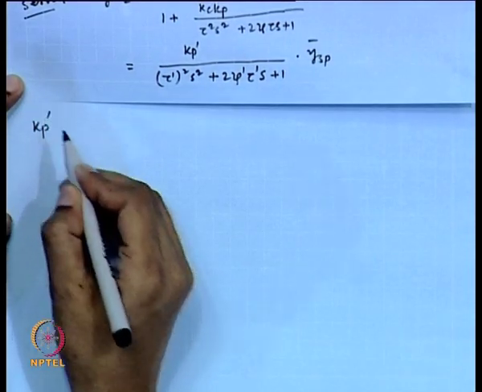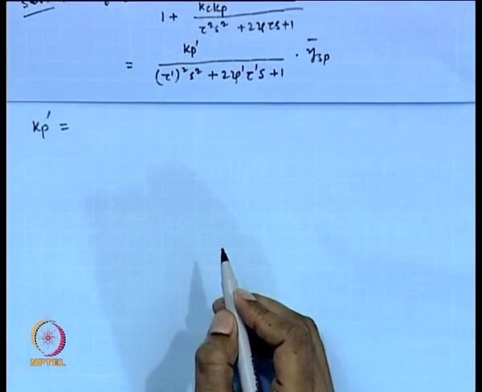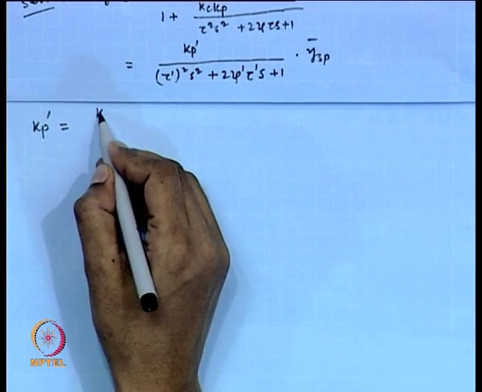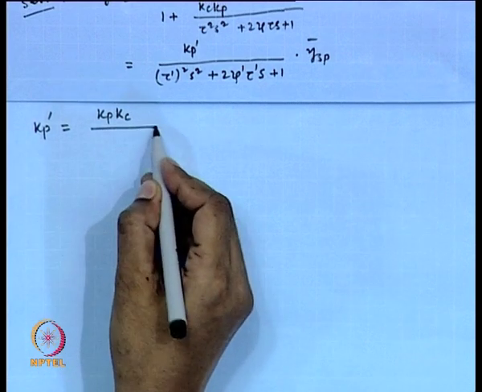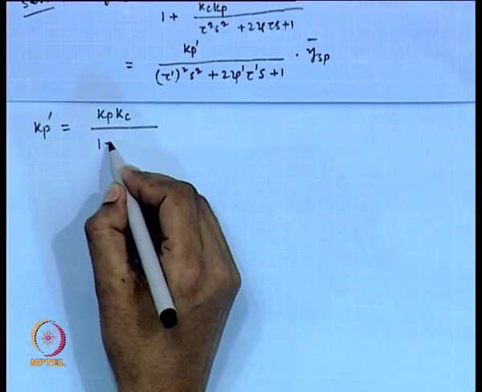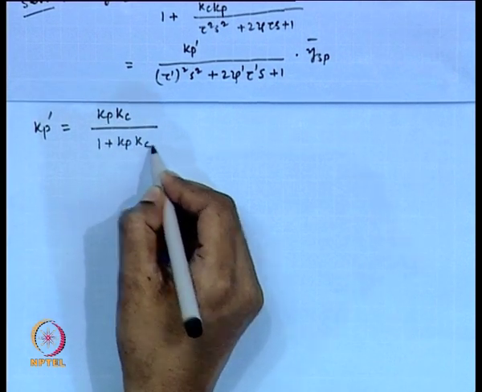Now, Kp prime has the form of Kp prime equals Kp Kc divided by 1 plus Kp Kc.